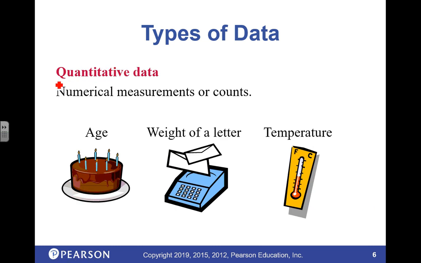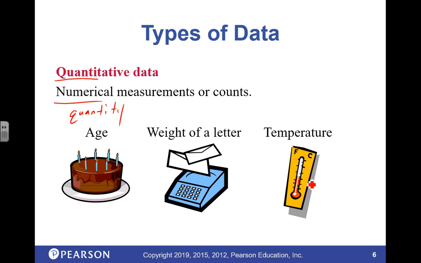Quantitative data, notice the root of the word quantitative is quantity. It's when our response is a number, an amount. When you're asked how old you are, your answer is an amount. How many years have you been alive?